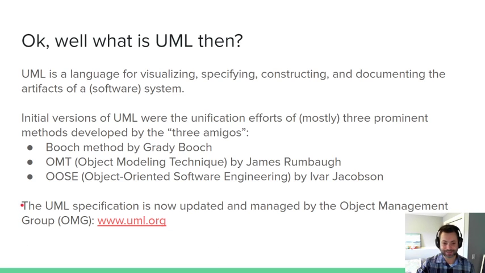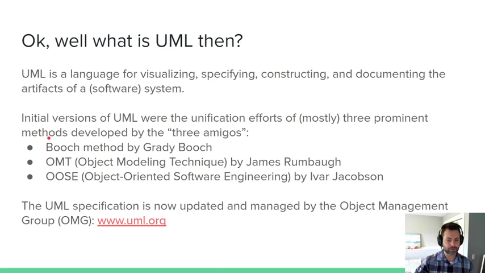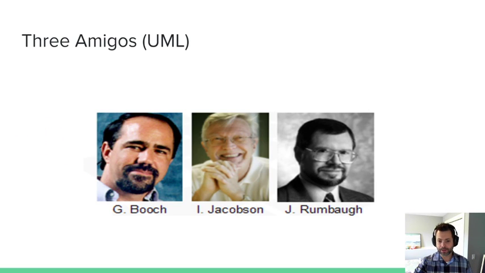How crazy is that idea? And they came up with this UML specification. uml.org is the website. There is a group associated with this now. It's a big deal, but it's these three guys. And they came up with this whole paradigm-shifting technology.